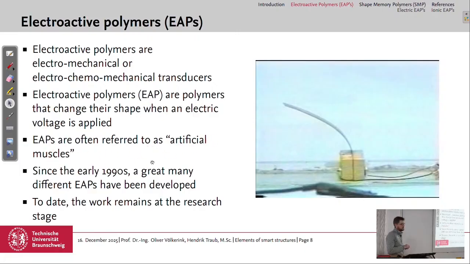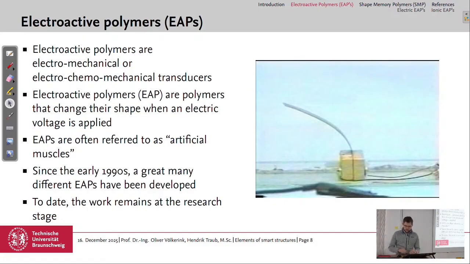We will see that in a short video, maybe why they come up with the name artificial muscles. And since the early 1990s, there are a great many different EAPs which have been developed, but it's still all scope of research and not, I think, industrially ready to be used.